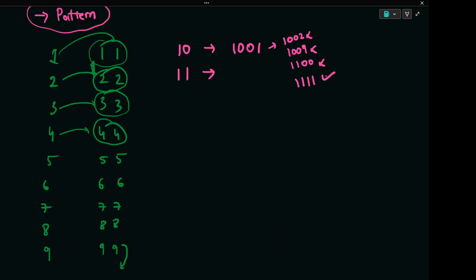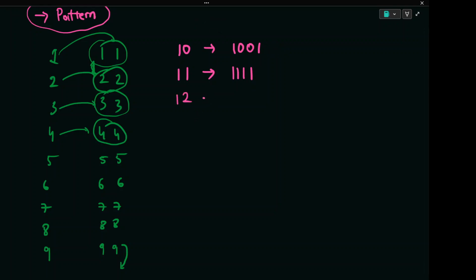Yes. Is there any other number? It can be 1014 or 1105? No. 1106? No. It cannot be, right? So the next palindromic number I found is nothing but 1111.